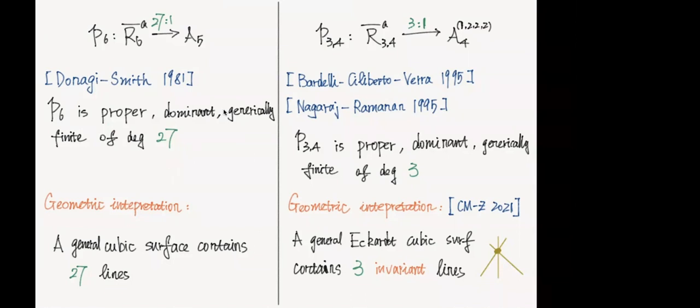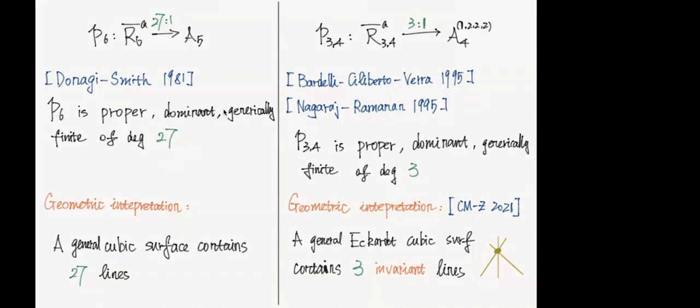And this P3-4 turns out to be proper, dominant, generically finite of degree 3. It's a result where I cite the reference here. Later I'll give an illustration of why P6 is of degree 27.